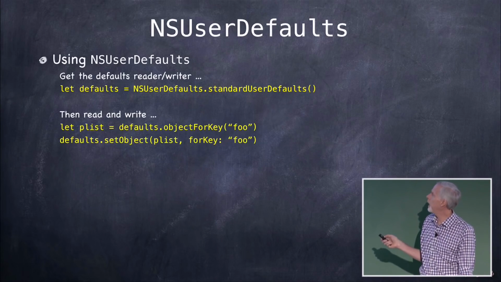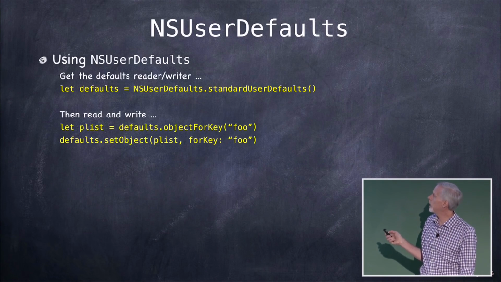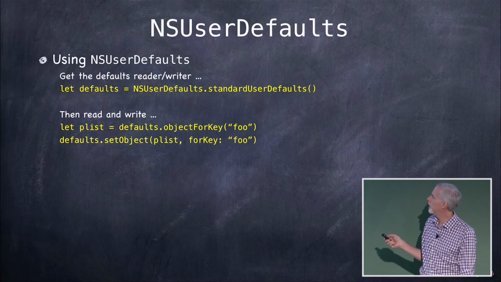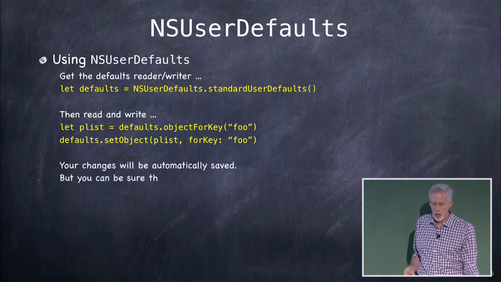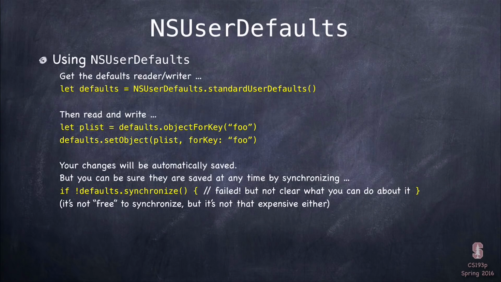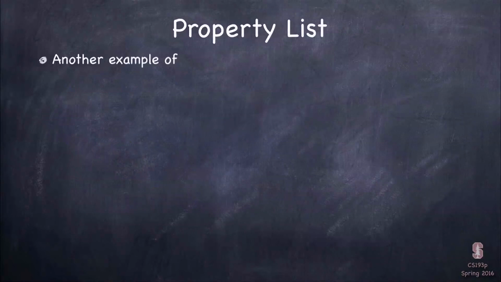And then you just say to it, get me a certain property list, write this property list out. The changes you make will automatically be saved eventually, but if you want to force them to be saved on disk, you can do synchronize, which returns a bool, which we almost always ignore because it's not clear what to do if it fails. It would probably only fail if your disk were full. I'm not sure what you're going to do at that point. But anyway, we usually ignore that return value.